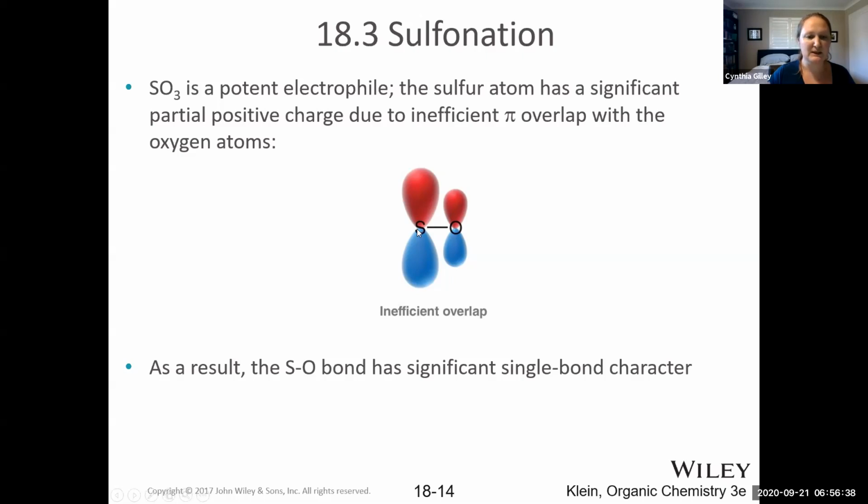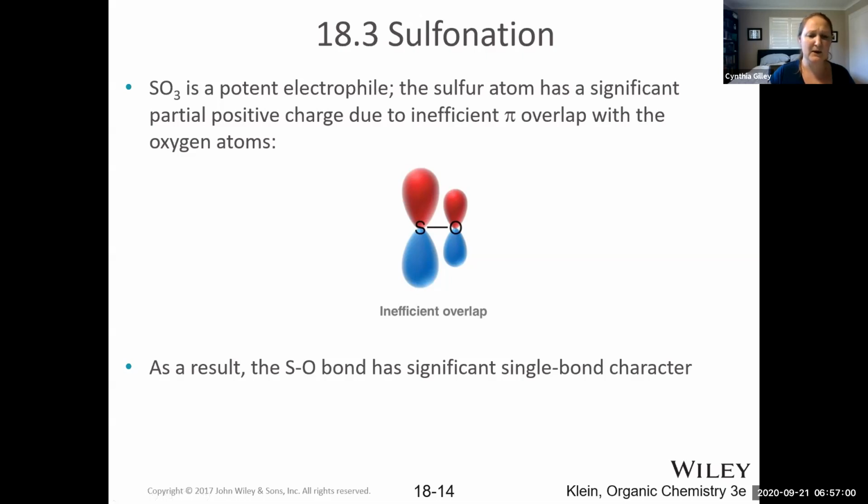A carbon would use the same size p orbital as oxygen because they're in the same row of the periodic table, and it would form a much stronger pi bond than a sulfur trying to form a pi bond with an oxygen. So because of inefficient overlap of these 2 p orbitals, the pi bond is weak.